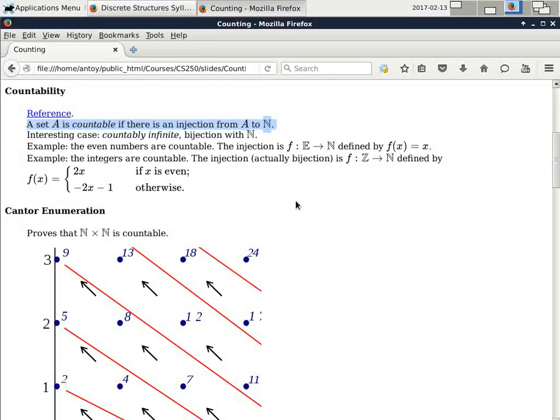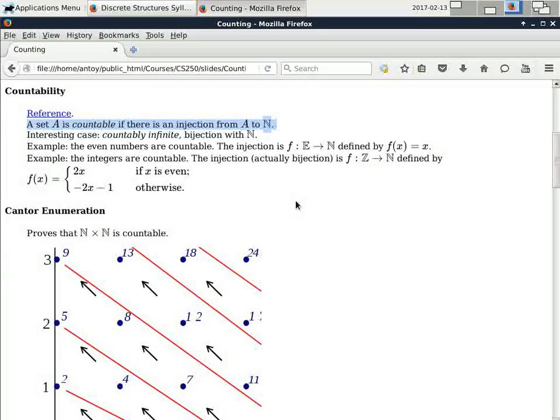If you map all of the positive integers to the even natural numbers and all the negatives to the odd natural numbers. Right, this is what I wanted to do, but I wrote it wrong. So basically, I want to map this to 2, this to 4, this to 6, and these to the one in between. So this maps to 1, and this maps to 3. Yeah? And 0 maps to 0. All right?